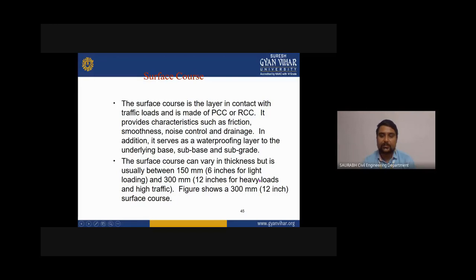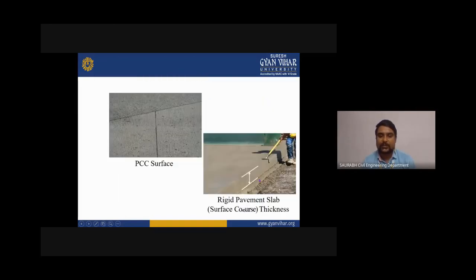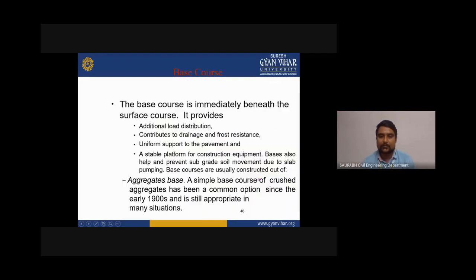The surface course can vary in thickness, but usually between 150 mm, and the figure shows 300 mm of surface course. As you can see here, this is your PCC surface, which is made on the surface of the rigid pavement.